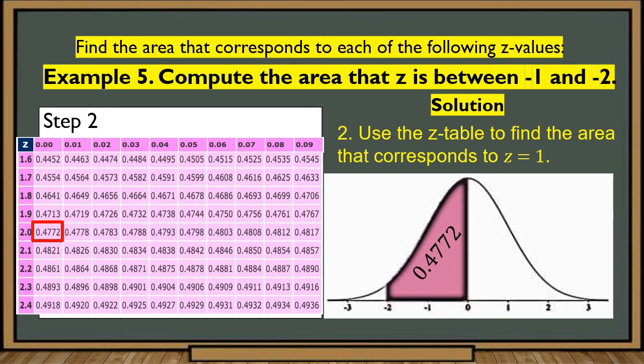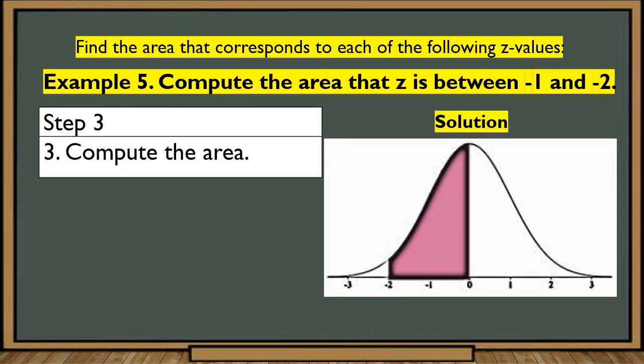What is the next step? After we have found the area from 0 to 2 and the area from 0 to 1, pwede na nating ma-compute yung area that is between negative 1 and negative 2. By simply looking at the figure, ano yung operation na gagamitin natin?